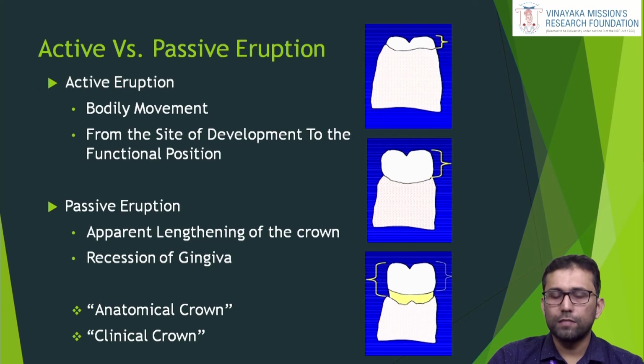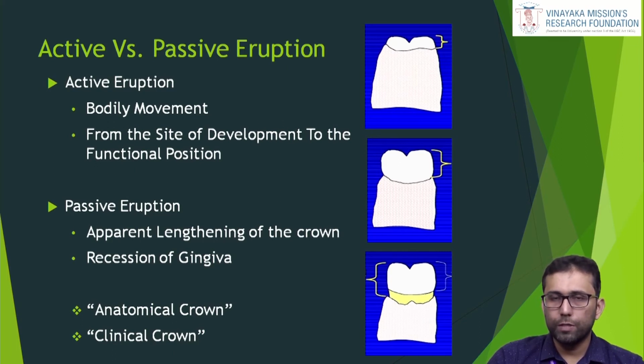In the first picture, the clinical crown, that is the crown present above the gingival margin, is smaller than the actual length of the crown, that is, the clinical crown is smaller than the anatomical crown. In the second picture, the gingiva is at the normal position, the tooth is in normal occlusion, and the anatomical crown is equal to the clinical crown length. So both are equal.